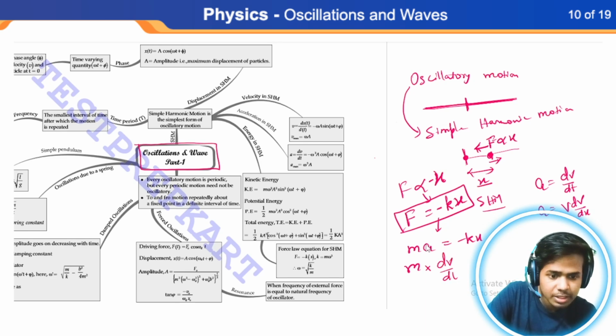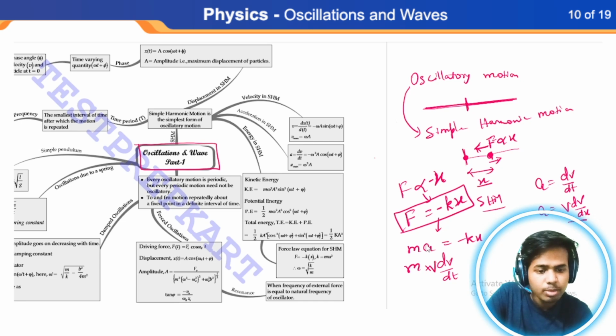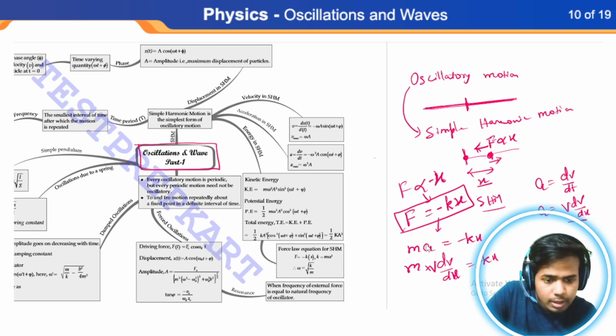If you use dv by dt, it would be much more difficult to solve. So I would replace it with v dv by dx. Now it's much easier. Here m is a constant, multiplied by v dv is equal to minus kx dx.